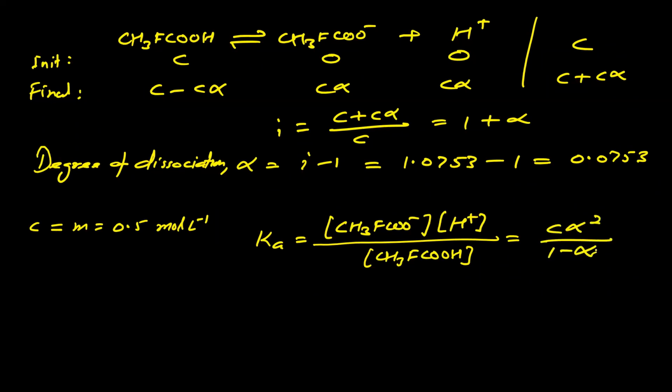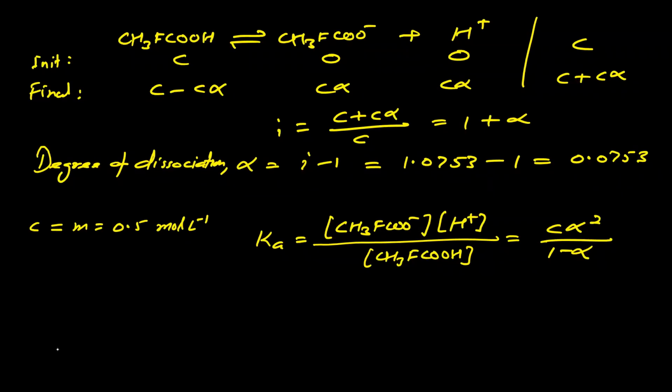This is something we have done in 11th equilibrium chapter as well. I am just doing it very quickly, but if you are still facing problem in such cases, do all the steps. Okay. So C alpha square divided by 1 minus alpha, you will substitute all the values and then you will get the answer.